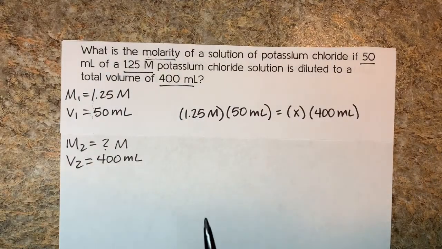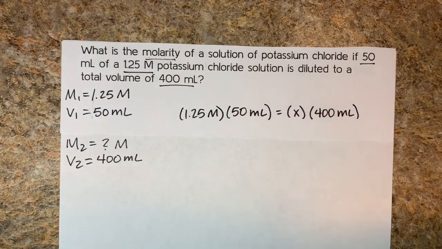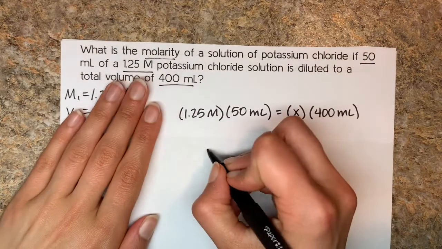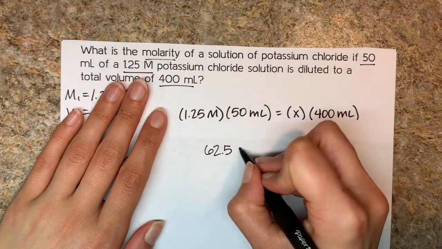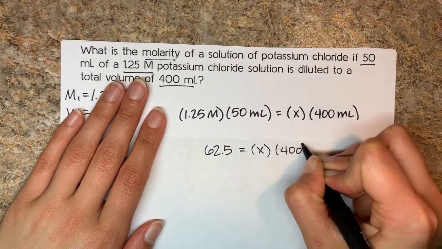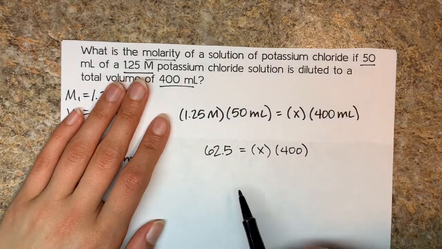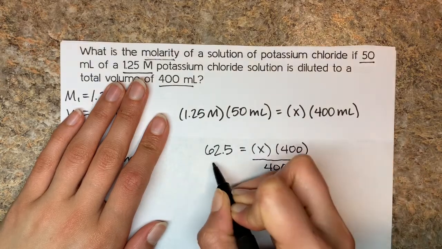Okay, first thing I'm going to do is multiply 1.25 by 50. You should get an answer of 62.5. So that is equal to my X times 400.